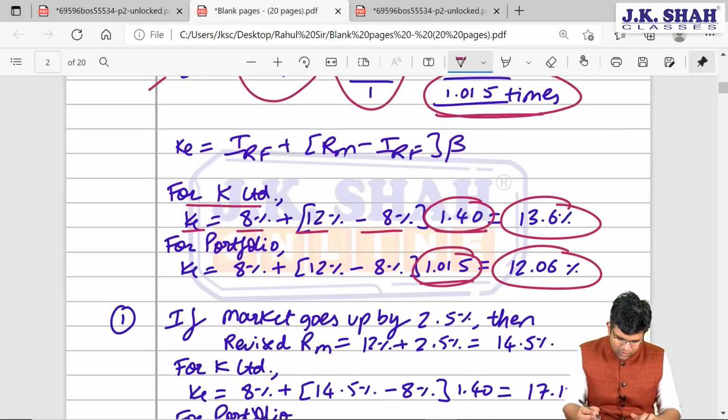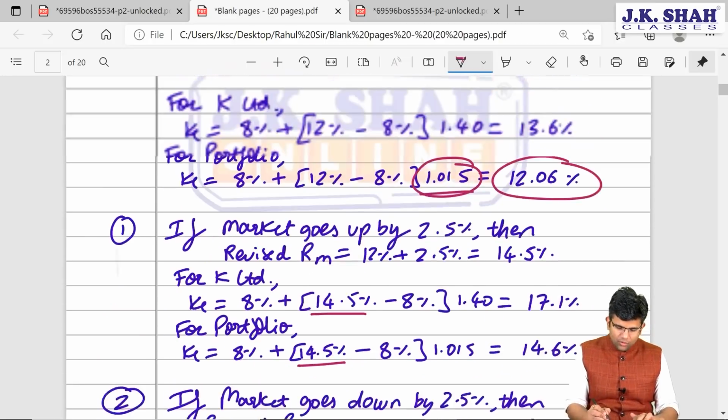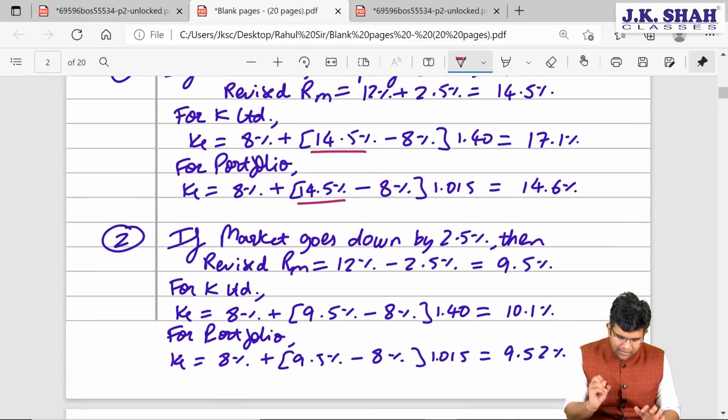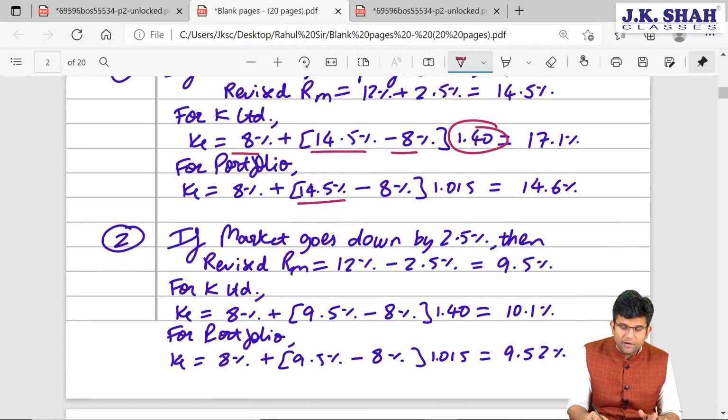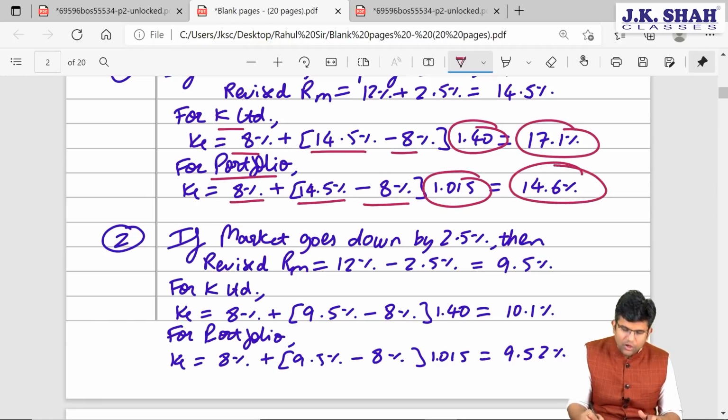Recalculate KE. Students, everything same, but instead of RM that we took earlier as 12, you will take 14.5. So 8 plus 14.5 minus 8 into beta of K, 8 plus 14.5 minus 8 into beta of portfolio will give you the KEs of K Limited and the portfolio.